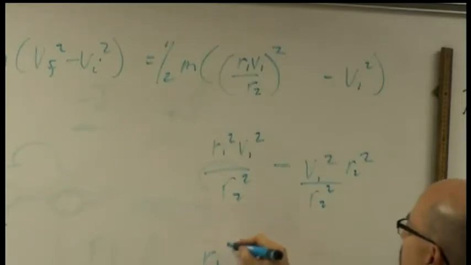So I end up with R1 squared v1 squared minus v1 squared R2 squared, over R2 squared. What I would just do in that case, that second line, take out a V1 squared.